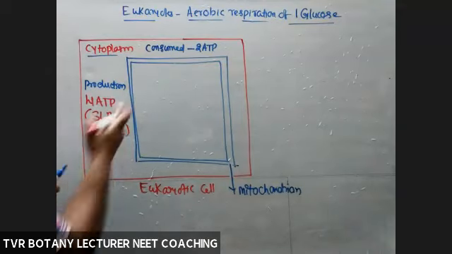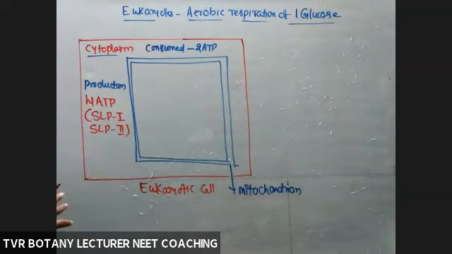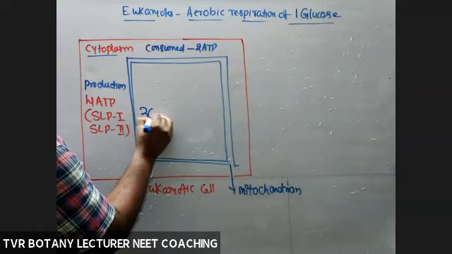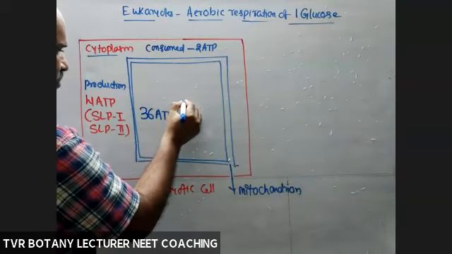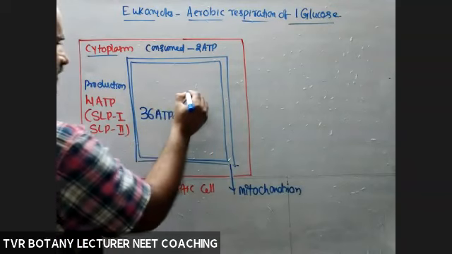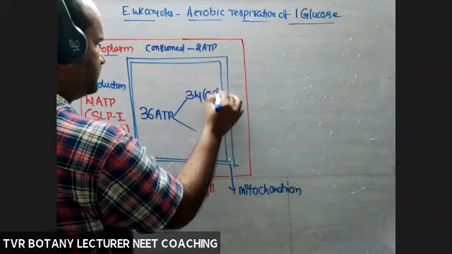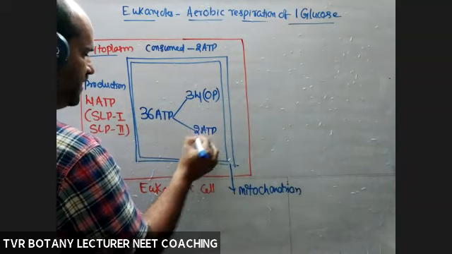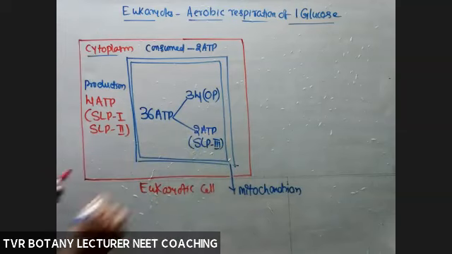Remaining out of 40, what about the ATP produced within the mitochondrial matrix? Remaining 36 ATP molecules within the mitochondrial matrix. And out of 36, 34 by OP, oxidative phosphorylation, and the remaining 2 ATP molecules by SLP, the third one, during the TCA cycle.